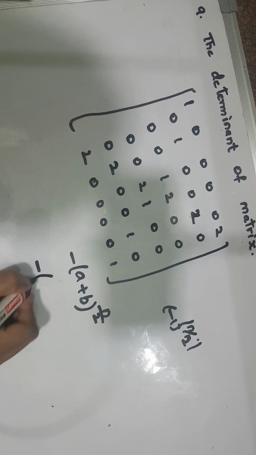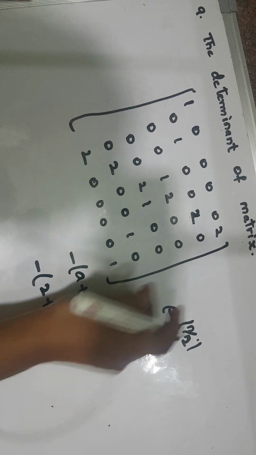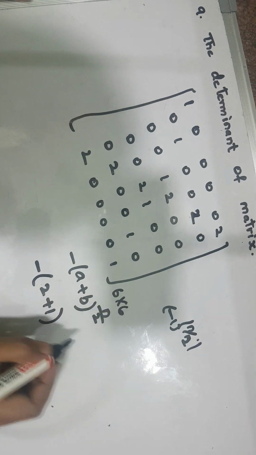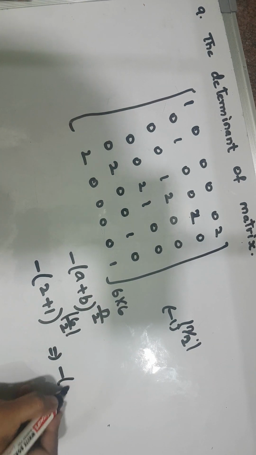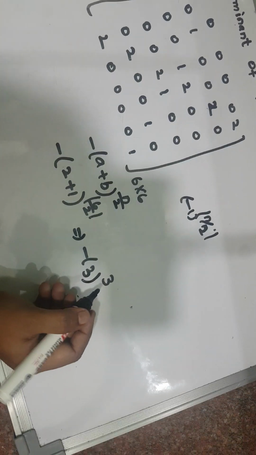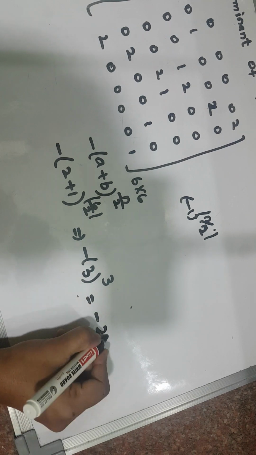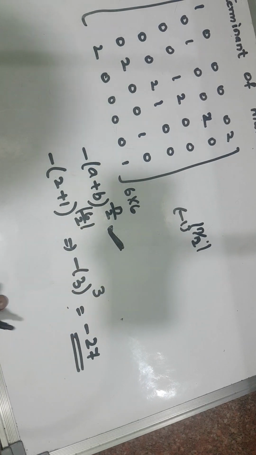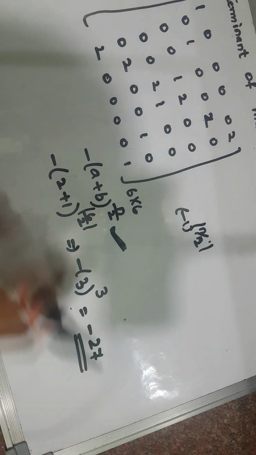What is the value here? 2 plus 1 whole power n, counting 1 2 3 4 5 6, this is a 6 cross 6 matrix, so 6 by 2 is 3. Minus of 3 whole power 3, means minus 3 cube, 3 times 3 is 9, 9 times 3 is 27, minus 27. So this is the formula to find the value, minus of a plus b whole power n by 2, which is equal to minus 27.